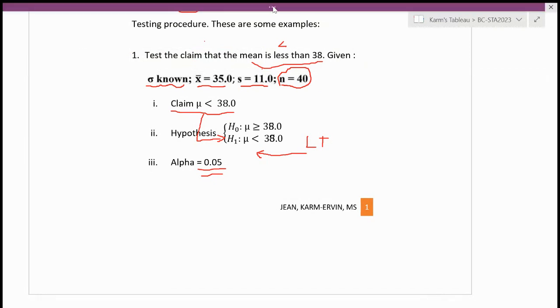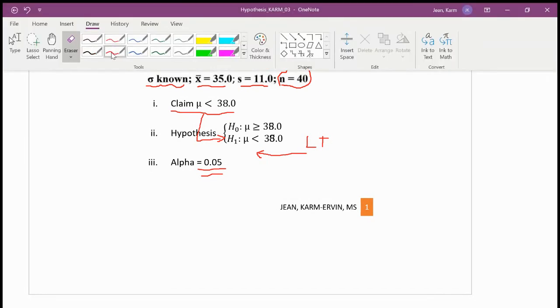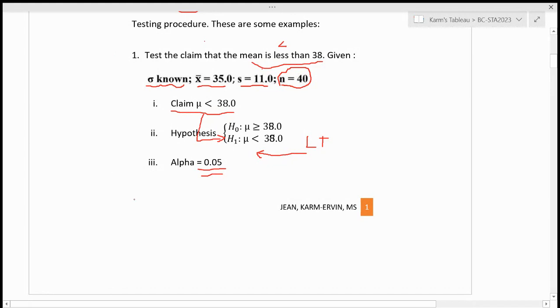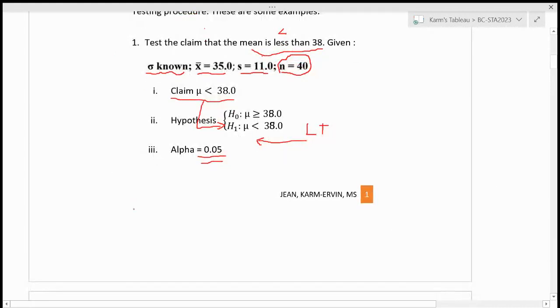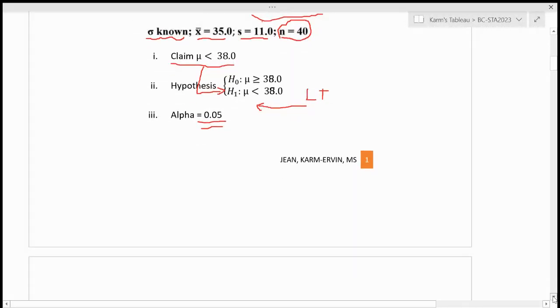Now, I think we talked about 7 steps. After step number 3, there was something called the test statistic, which is step number 4.